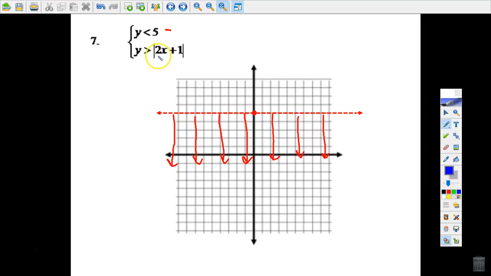Well, this is not a parent function here. The parent functions that you know for absolute value are y equals the absolute value of x, or the opposite of the absolute value of x. And this is not a parent function because it does not have a coefficient of 1.